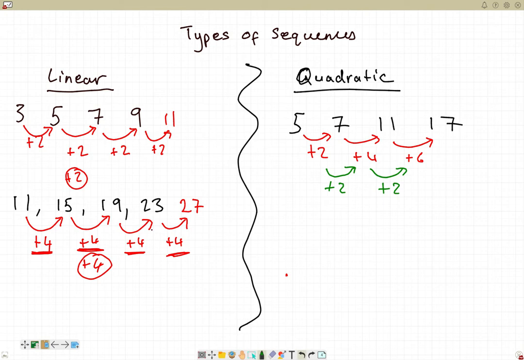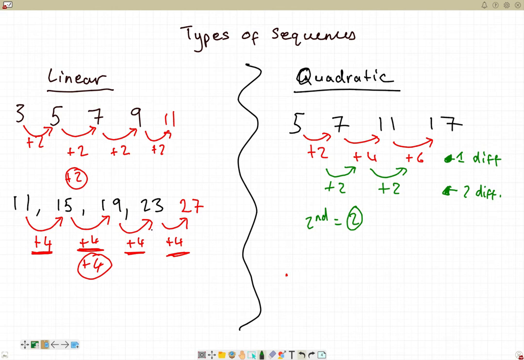So in maths, guys, we call this the first difference. Okay, these numbers here are the first differences. Then this number here, the second difference, which in a quadratic has to be the same number, is called the second difference. Okay, so in this question, the second difference is 2.